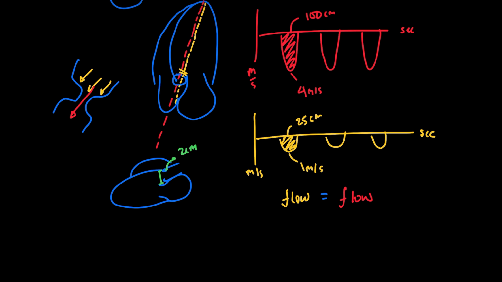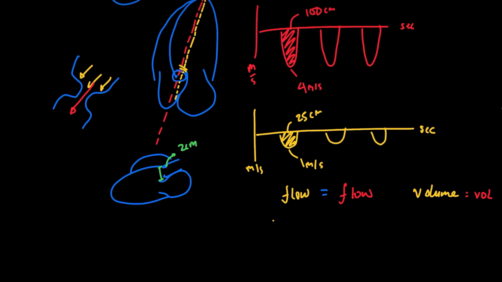Or I could say that my volume, the volume of blood in the LVOT, is equal to the volume of blood right through that narrowest point of the aortic valve. And what would the math look like? The flow would be 1 meter per second times the area, which is pi r squared, but I said my radius is 1, so pi times 1 squared would be the area.